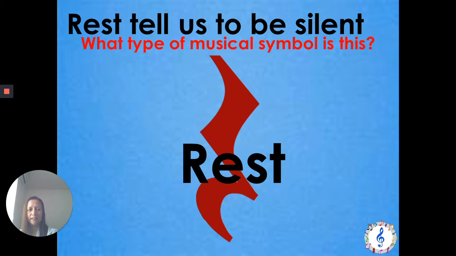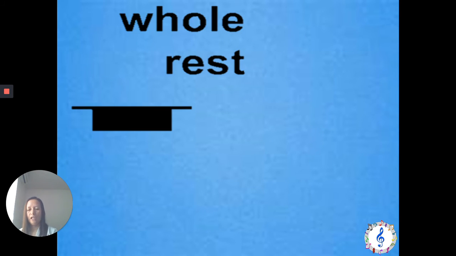A rest tells us to be silent, which means in a composition, a rest tells us where a musician can be stopped. Now, there are different kinds of rest.